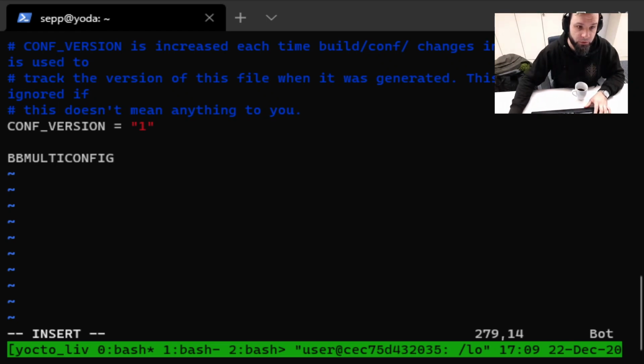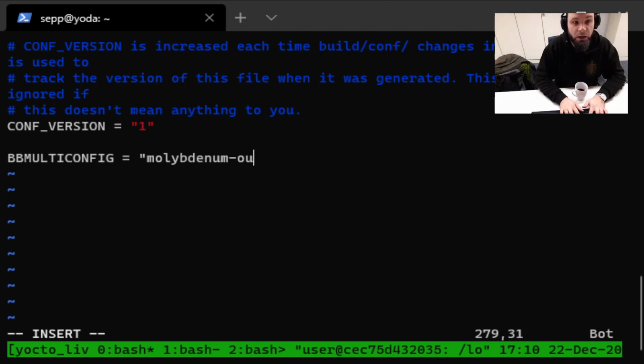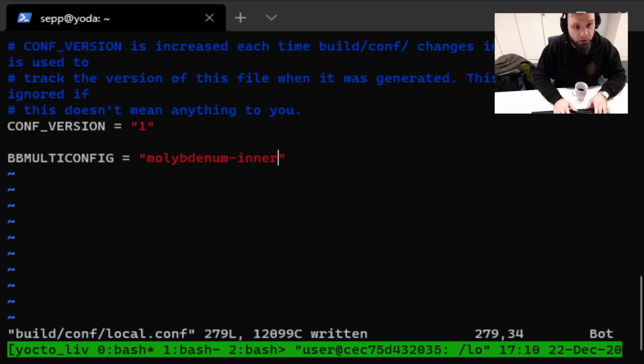BitBake user manual, probably Google links me to something super ancient. Multiconfig. BBMULTICONFIG without s. Okay. Molybdenum outer. Now inner. Inner is what we want. Okay.